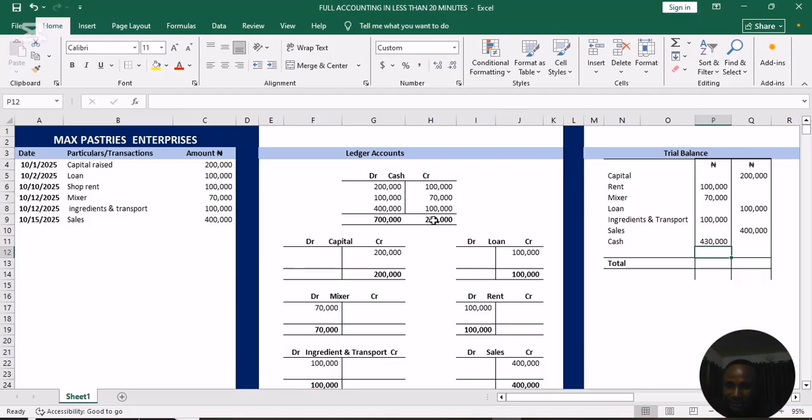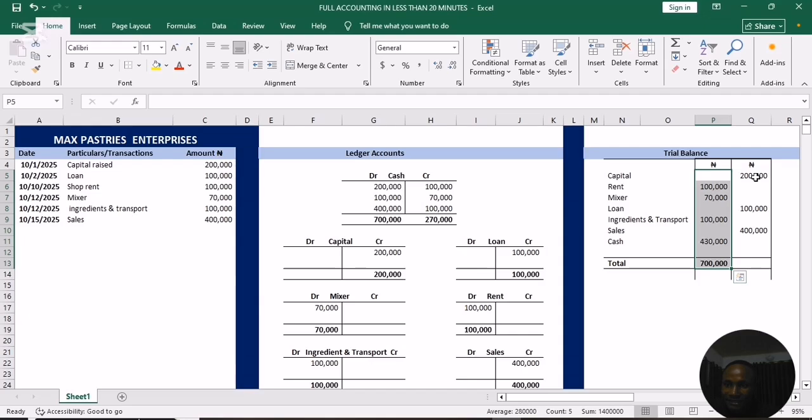Okay, like I said earlier, the essence of trial balance is to ensure that our entries in individual accounts are right, accurate, and correct. So let's see about it. So we pull them up from right here, then summation, let's add it up. Good, we have 700,000 at the debit side.